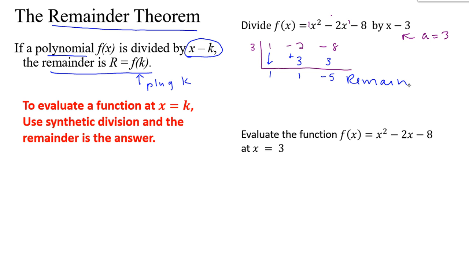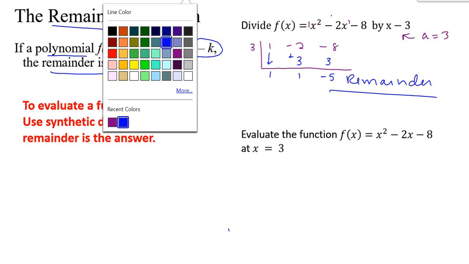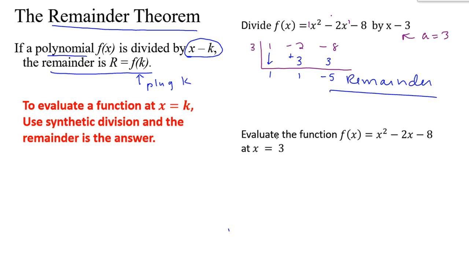This is the remainder. Now this theorem says if I now evaluate, that just means plug in, x equals 3 into my function, so essentially I'm finding f of 3, which means everywhere there's an x, I'm going to plug in a 3.